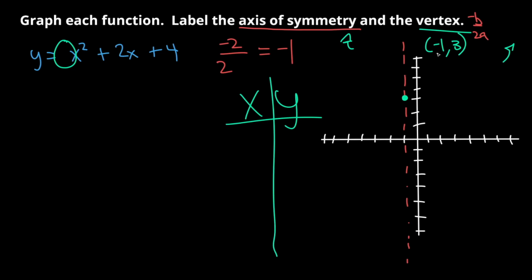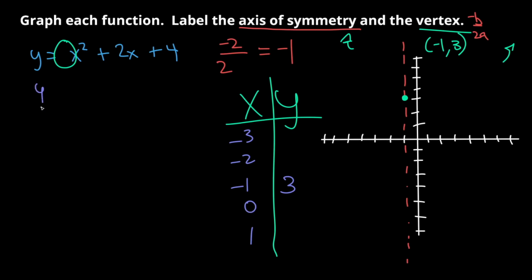So we'll start with the vertex, the middle section. So we have negative 1, 3, and I'll pick negative 2, negative 3, 0, 1. So I'm just picking 2 points on either side of the vertex. So it'll be easier to solve these two.